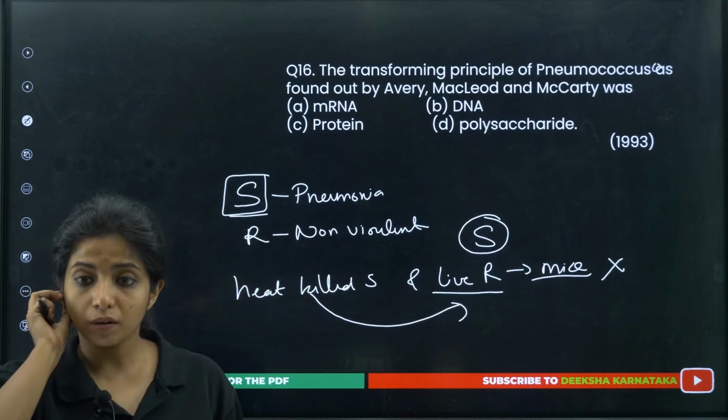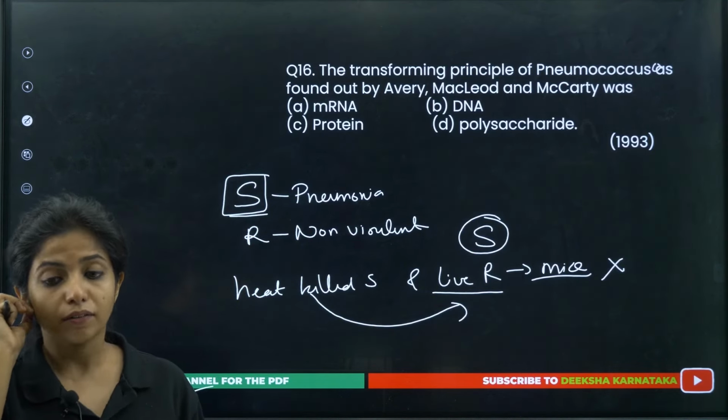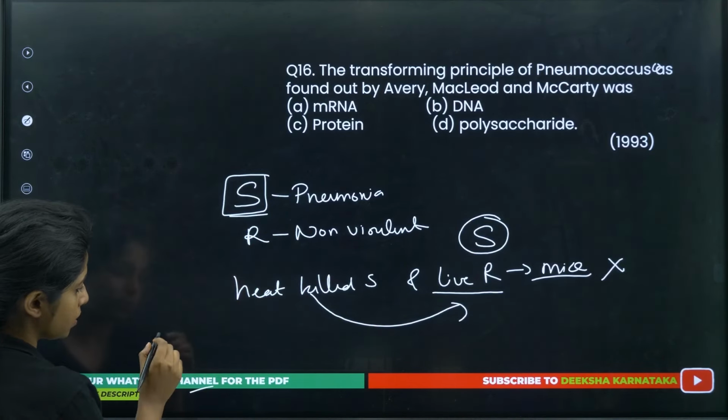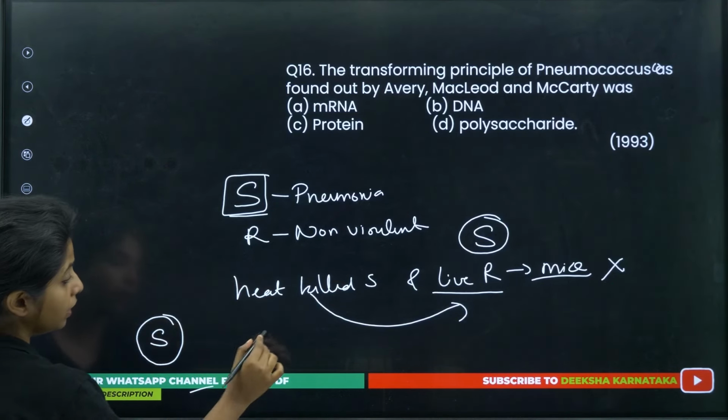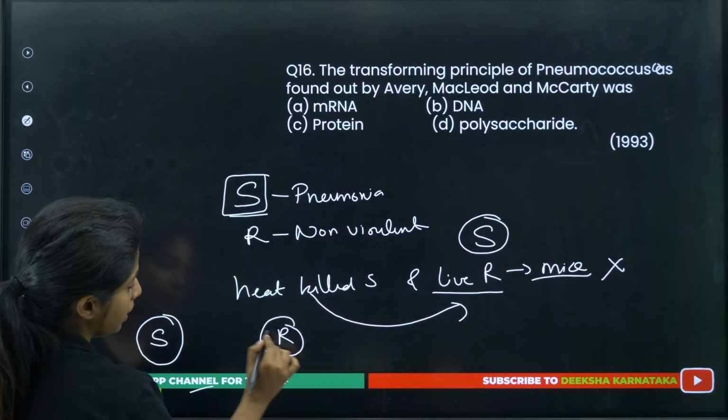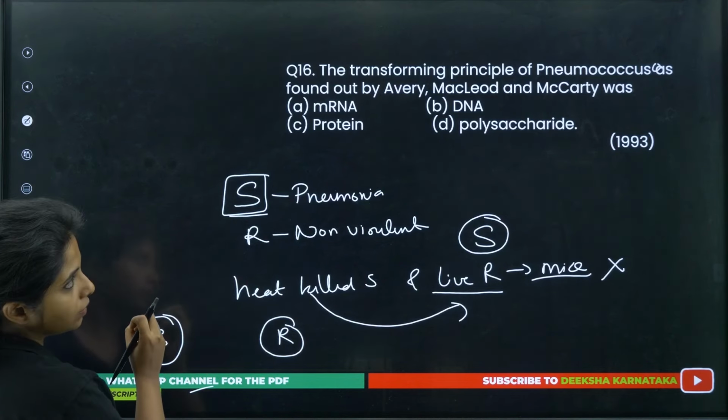And the experiments were done by Avery and MacLeod. What they did was, for example, this is a heat killed S1 and this is an R1. They treated this with protease.